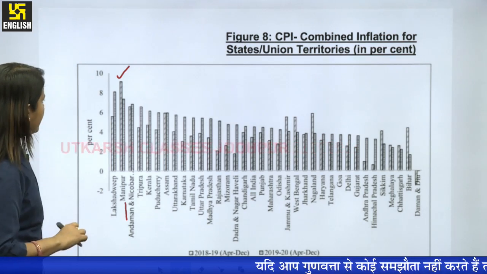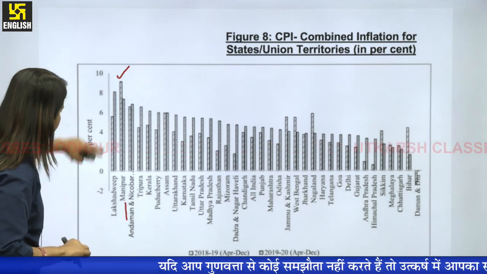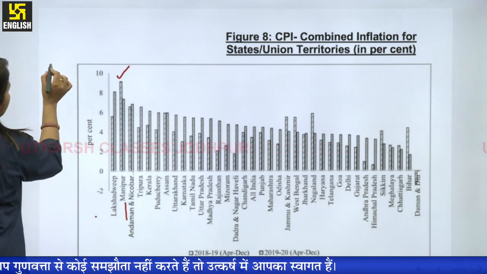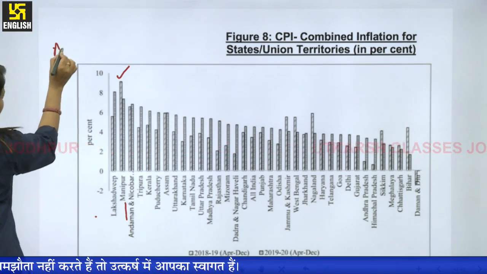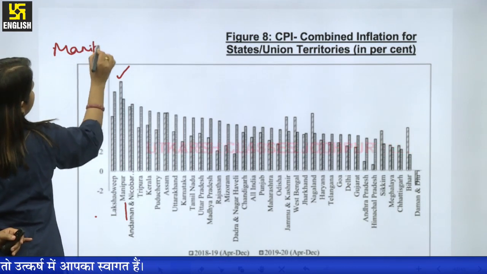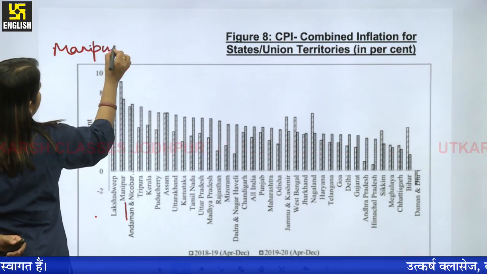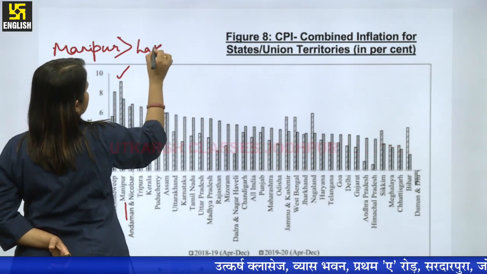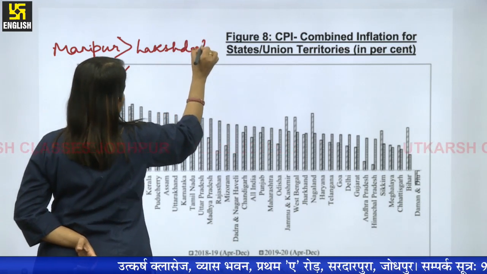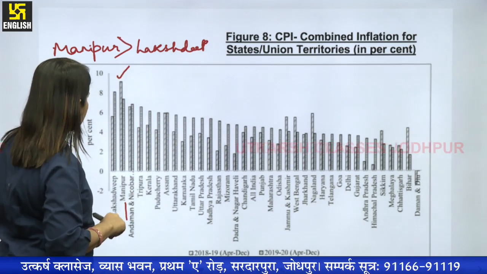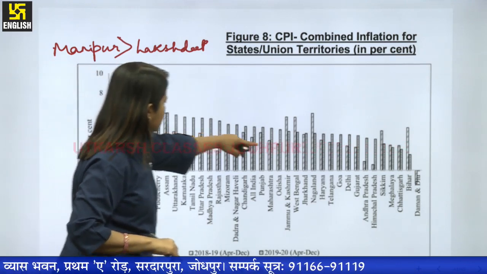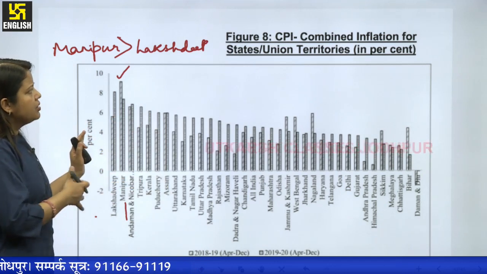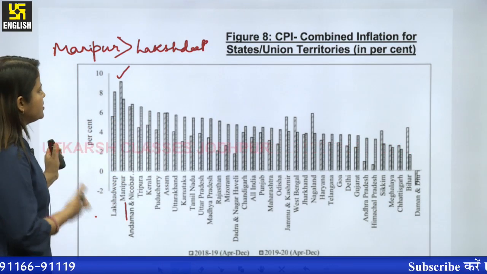Okay, and after that the second is Lakshadweep. If we analyze the state wise inflation, Manipur tops the list. After that Lakshadweep, and after Lakshadweep this is Nagaland. So you can analyze, you can compare the price inflation in different states of India.